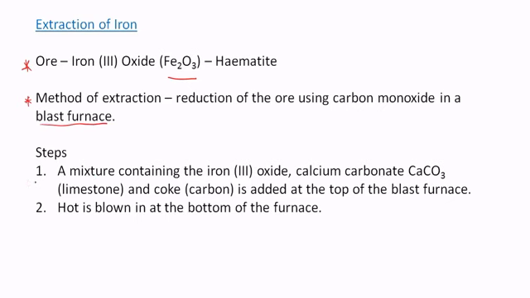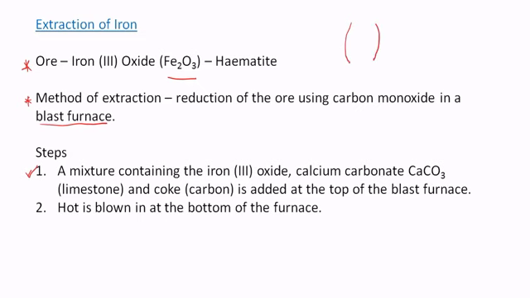Now, the steps in the extraction of iron. First step, a mixture containing iron trioxide, calcium carbonate, which is known as limestone, and coke, which is carbon, is added at the top of the blast furnace. So basically, you have the blast furnace looking like this.